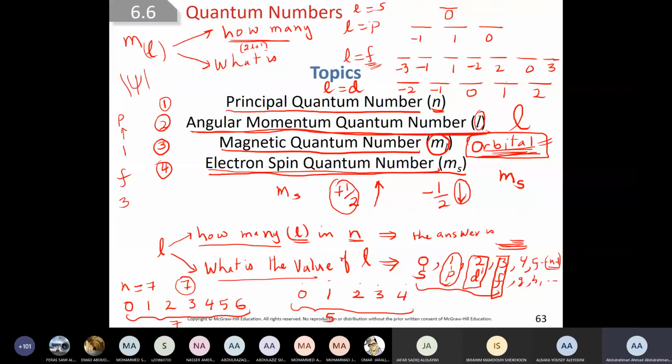Again, I repeat one more time. The fourth quantum number is called spin quantum number, or electron spin quantum number. Spin quantum number we represent by ms. How many solutions do we have? Only two.